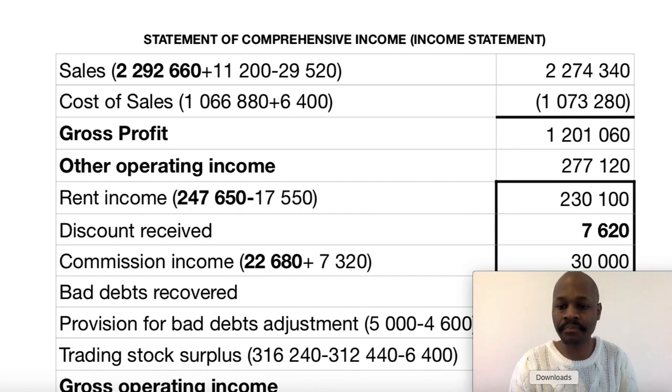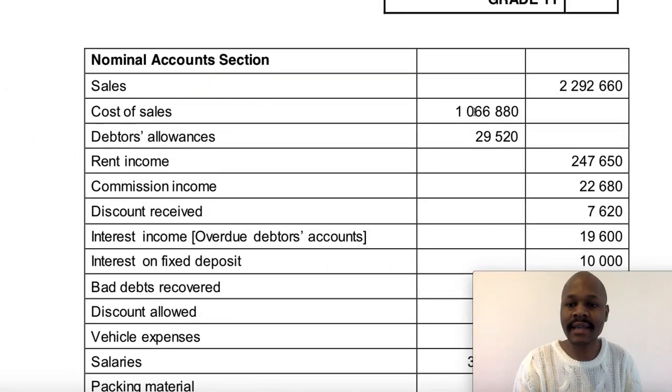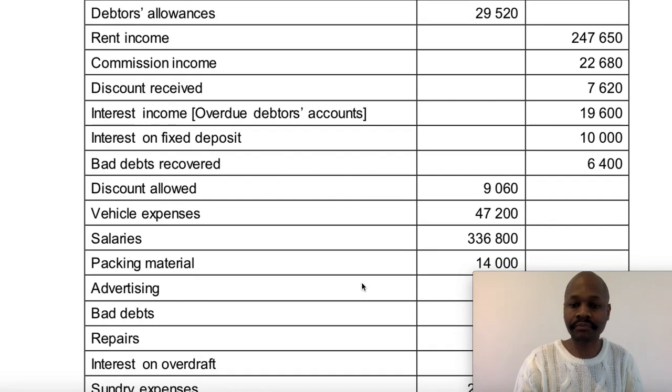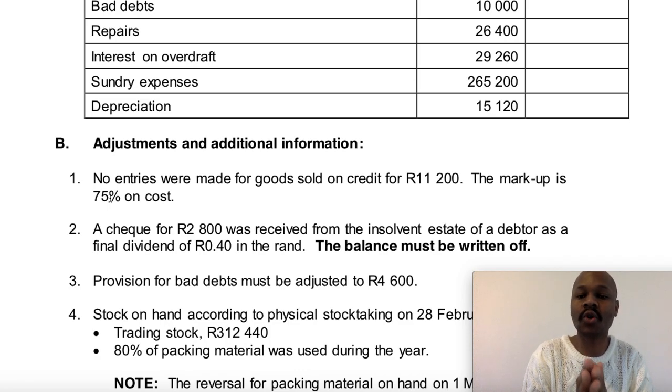Let's go to our question paper. Cost of sales there amounts to 1,066,880. And remember we have this 11,200 and the markup is 75% on cost. What is a markup? A markup is the additional percent you add to 100, 100 being your cost price value. So it's the percentage you assign to the cost price, which is 100%.